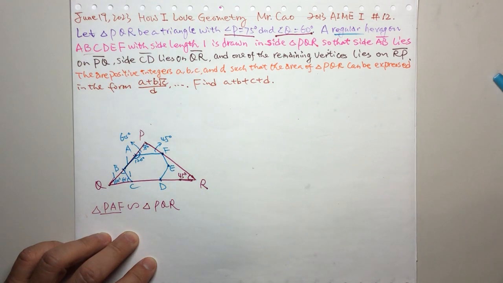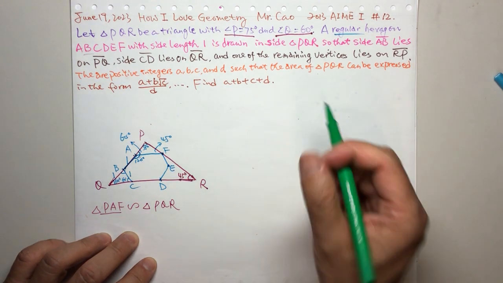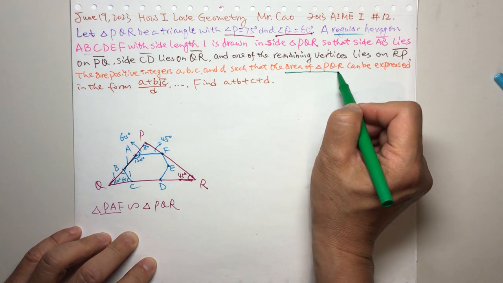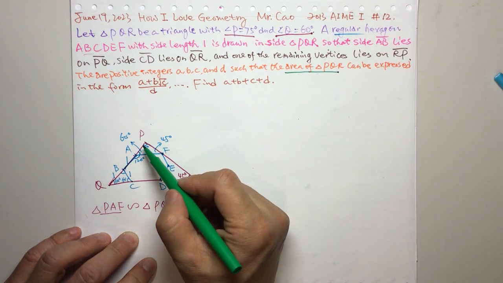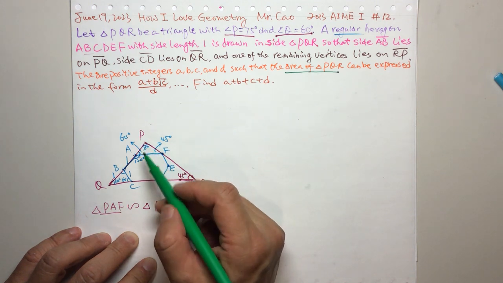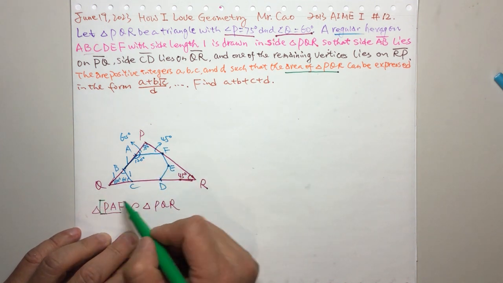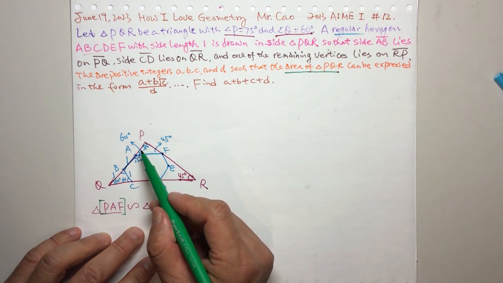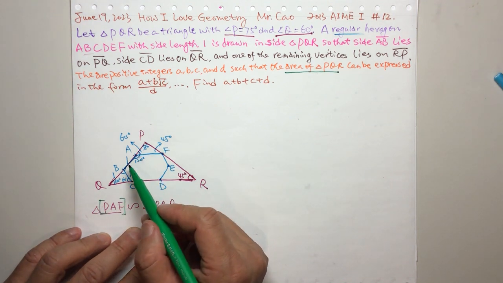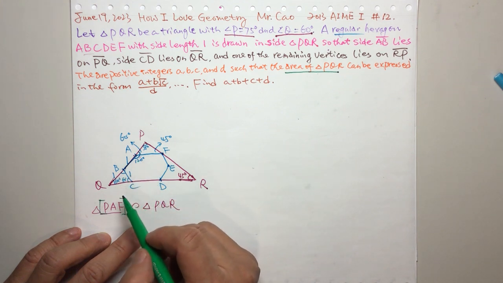The problem asks us to find the area of triangle PQR. We find the similar triangle. If we know the area of triangle PAF, and if we know the ratio of the sides, the area ratio will be the square of the side ratio.